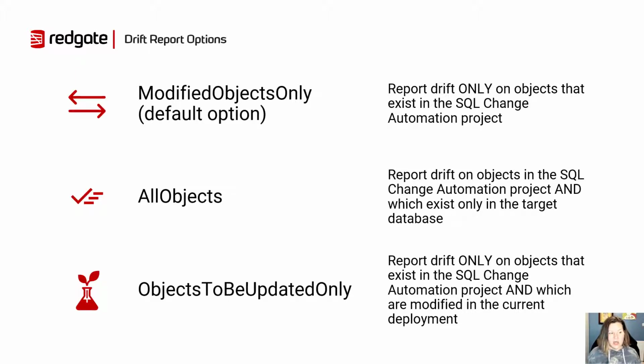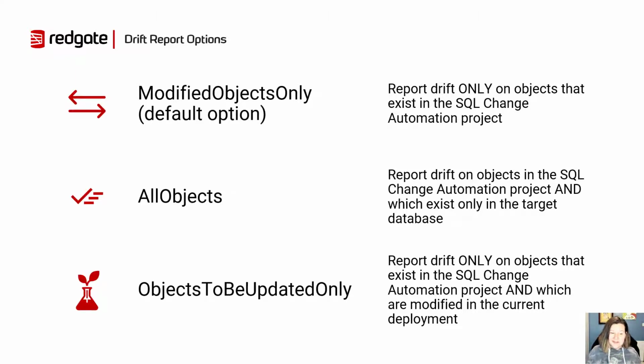And setting this to all objects says, if there are extra objects in the database which are not excluded by a filter or something similar in our compare objects, do count those as drift, right? If it's in the database, it should be in version control unless we have filtered it out.